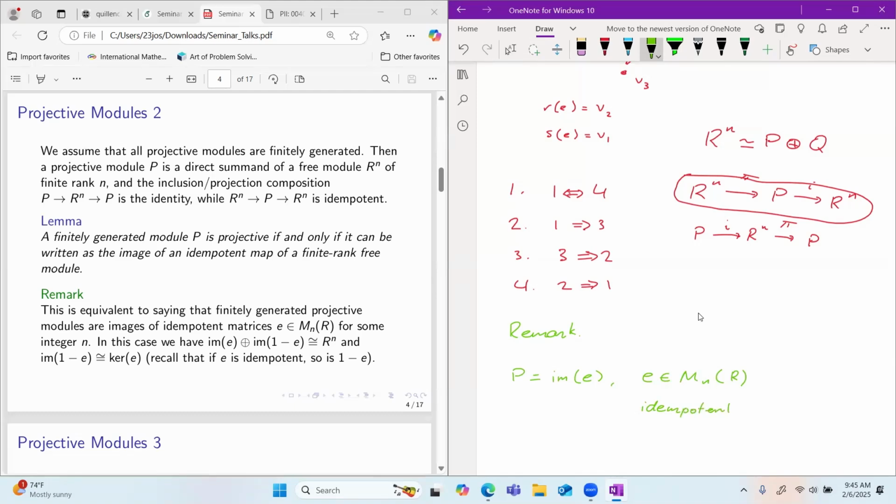And notice to make this statement here, we do need to assume that our projective module is finitely generated to draw from Mn here. Otherwise, you have to do infinite matrices, and it's quite ugly.